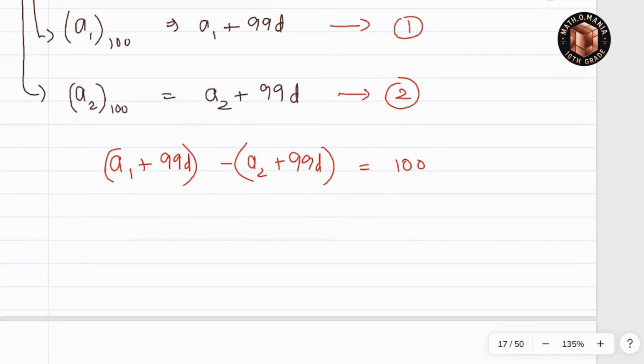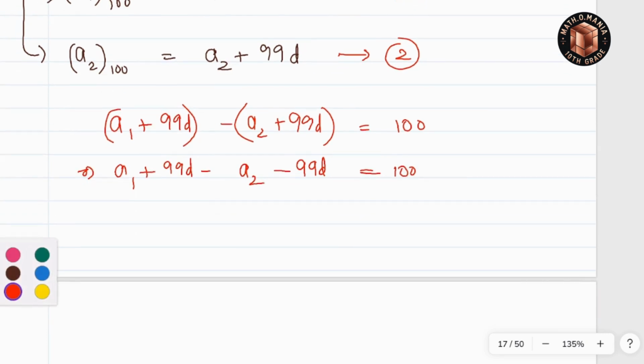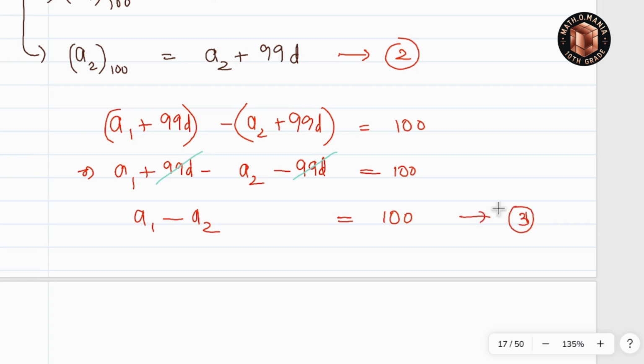So I can write this as A1 plus 99D minus A2 minus 99D equal to 100. Now you can check that these two cancel each other. What is left over is A1 minus A2, which is equal to 100. For this one I will put equation number 3.